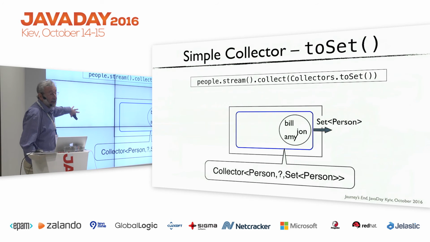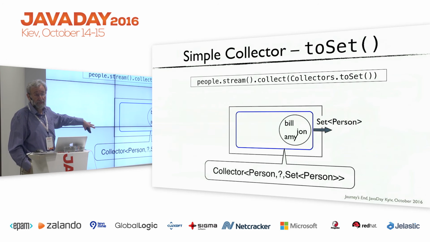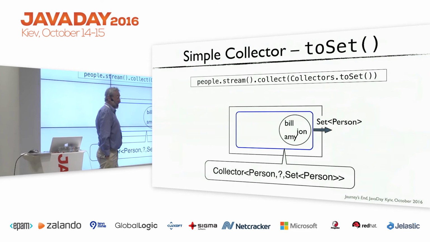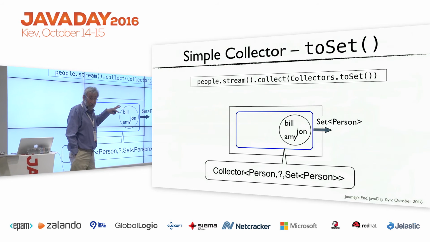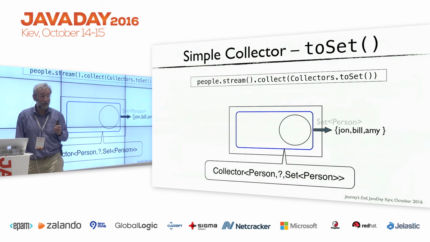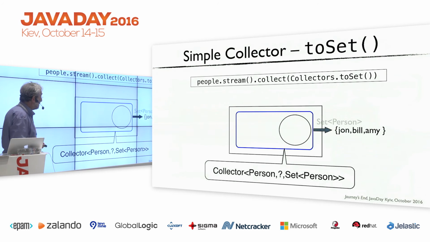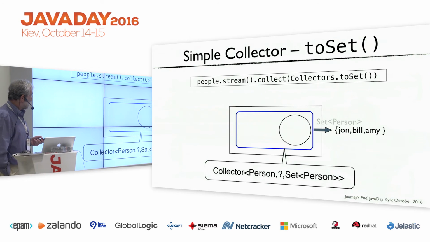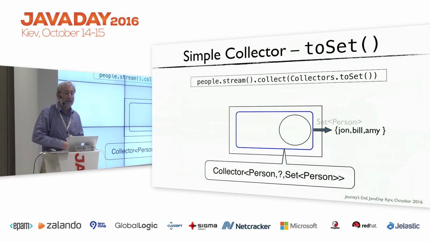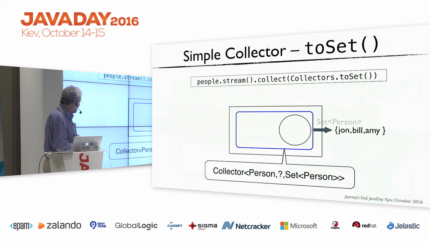If the source of the stream was a collection that had Bill, John, and Amy in it, when it's finished, streams are for one use only, the stream is exhausted, and then the collector emits the values that it's accumulated. So in this case, a set of person comes out again. So that's sort of an insultingly simple picture of how toSet works.